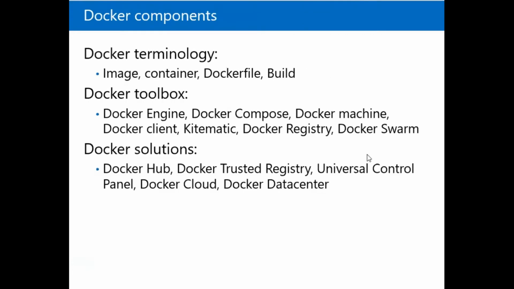So Docker terms: image, container, Dockerfile, build, Docker Toolbox, Docker Engine, Docker Compose, Docker Machine, client, Kitematic, Docker Registry, Docker Swarm, Docker solutions, Docker Hub, Docker Trusted Registry, Universal Control Plane, cloud and data centers. These are the things related to Docker.